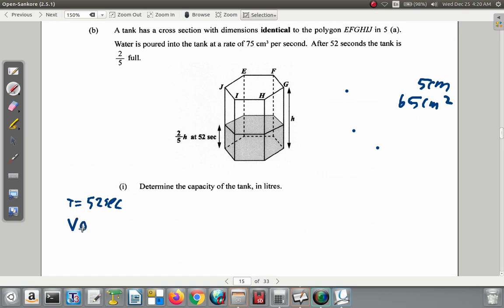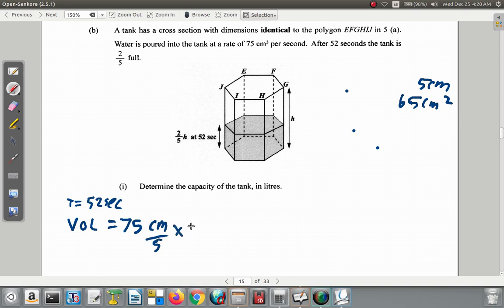Whatever the volume of water is, you calculate it by saying this 75 centimeters per second, because it means over a second.